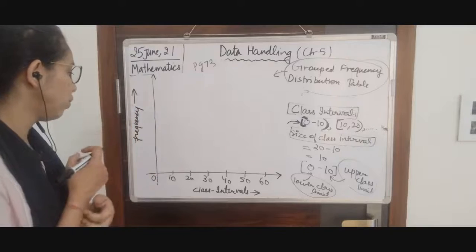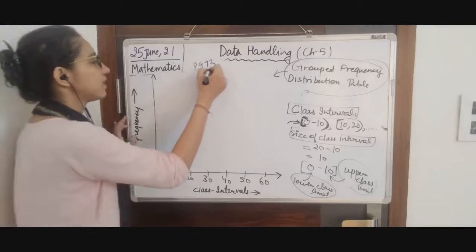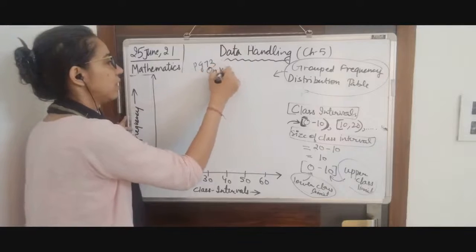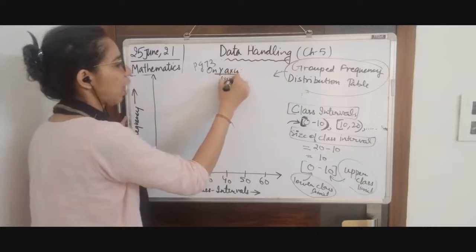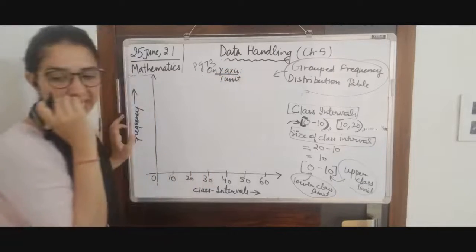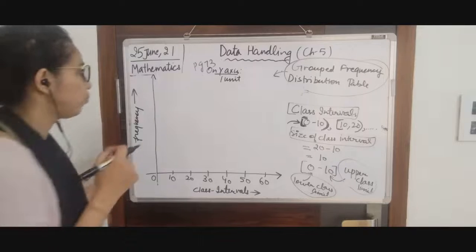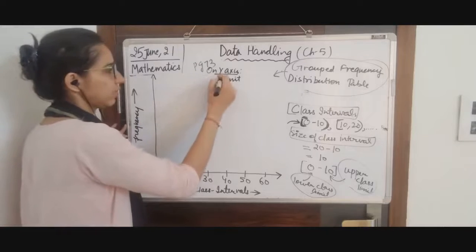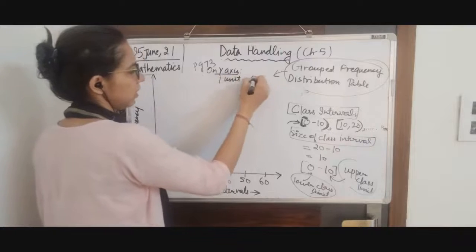So we will choose a scale for the y-axis. 1 unit, how much? We have smallest as 1 and the greatest as 21. We can use 1 unit as 5.